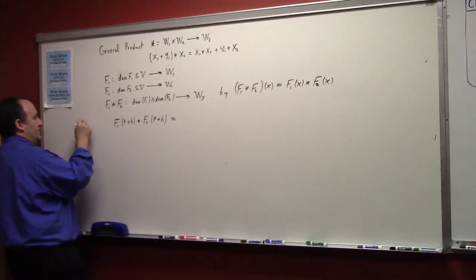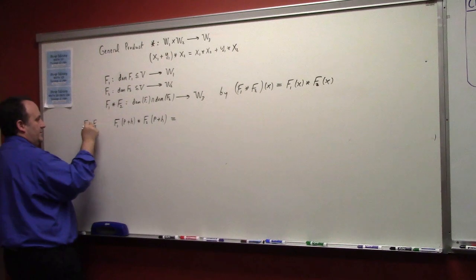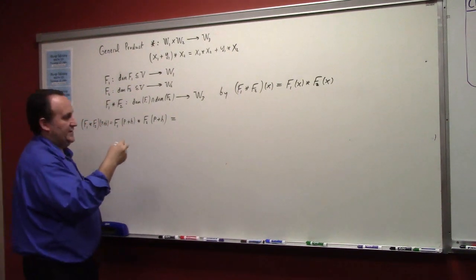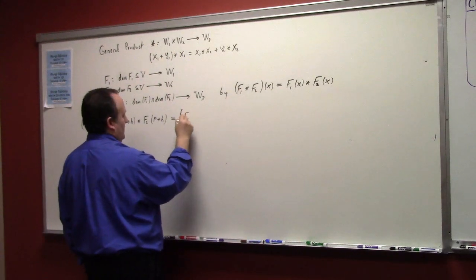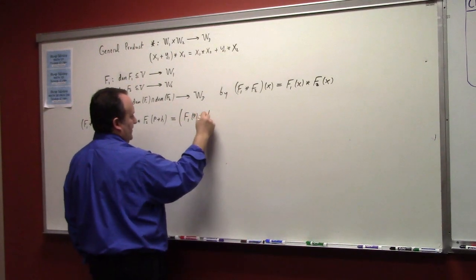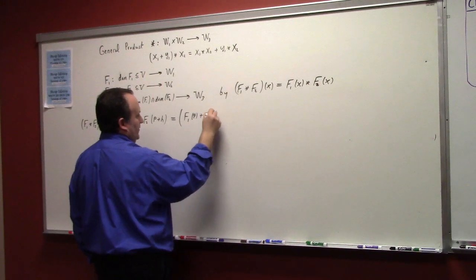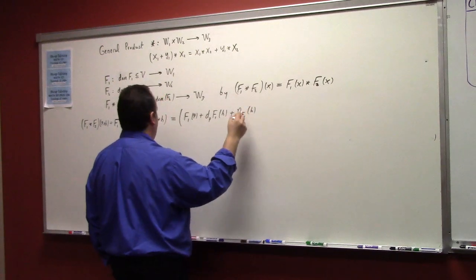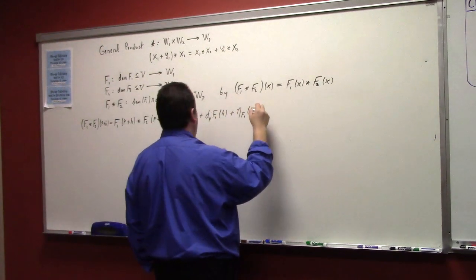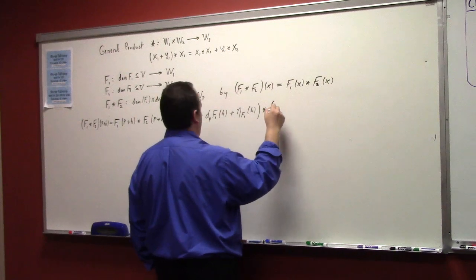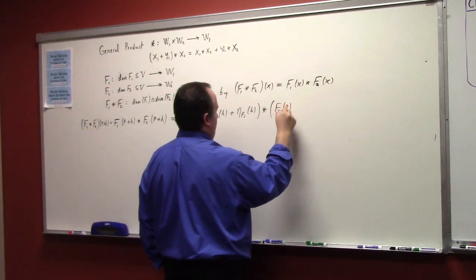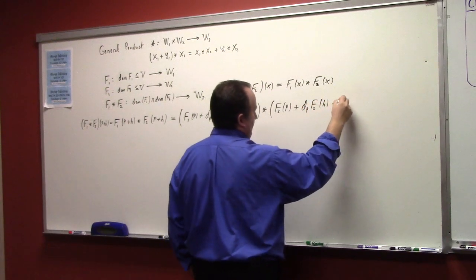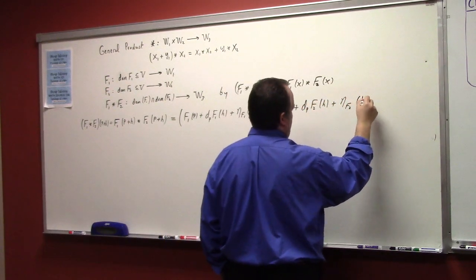And this is F1 star F2 of P plus H, by definition. Which then is F1 of P plus the differential at P of F1 of H plus the error in F1 of H, star F2 of P plus the differential at P of F2 of H plus the error function of F2 of H.